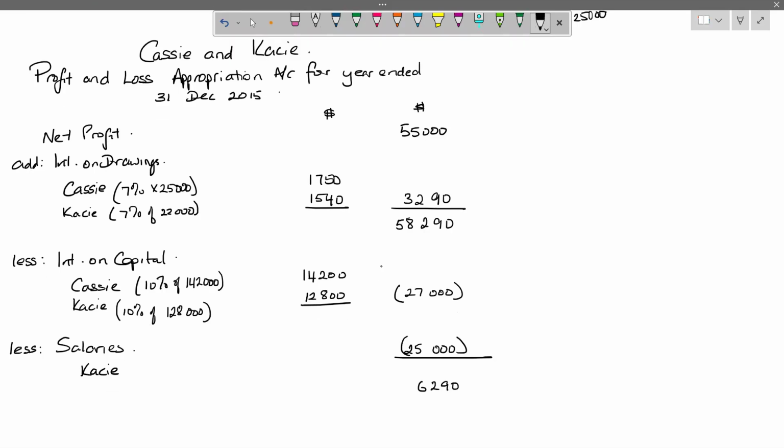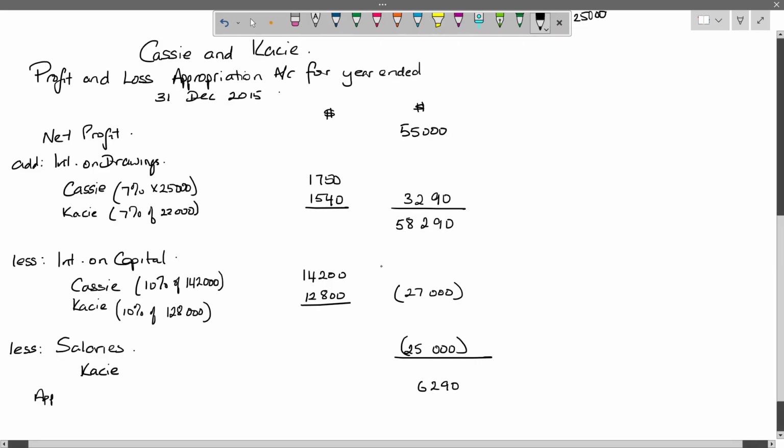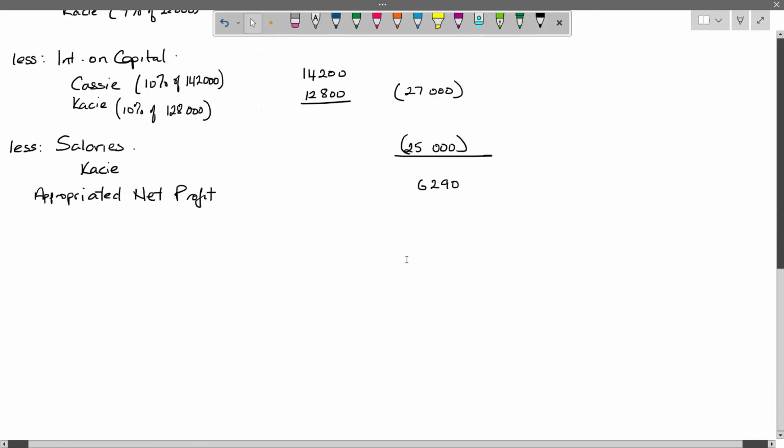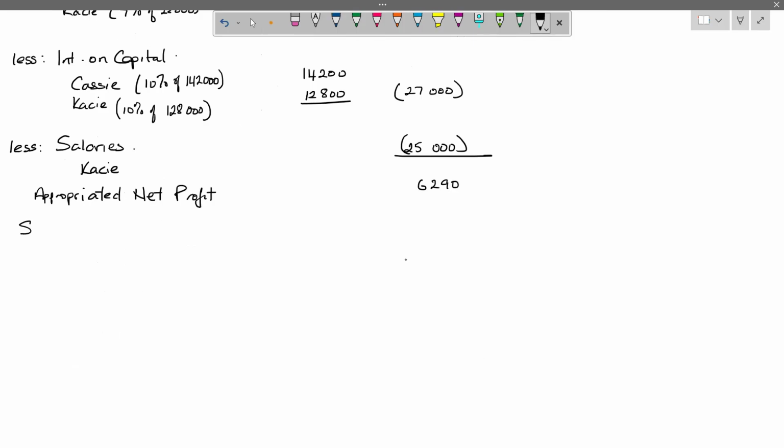We could annotate this as our appropriated net profit. And this is what we're going to share amongst the partners. So share profits now. So we have Cassie and Casey.